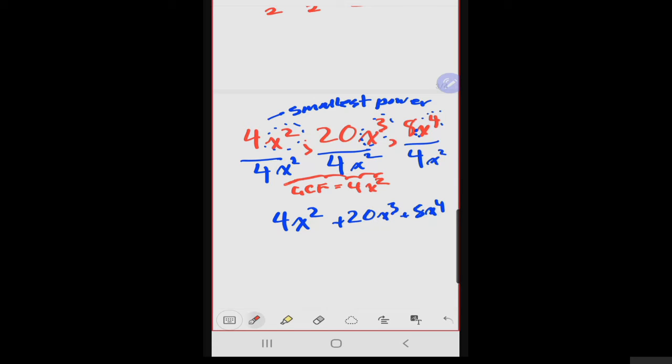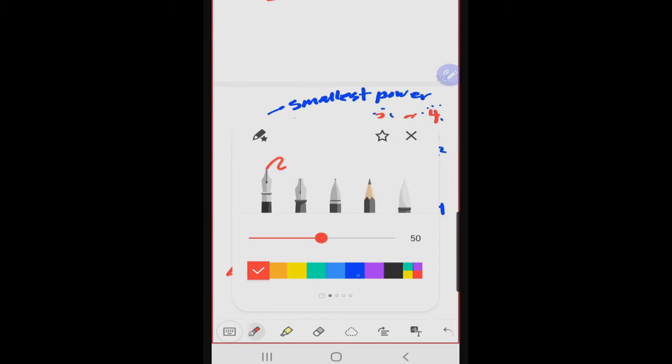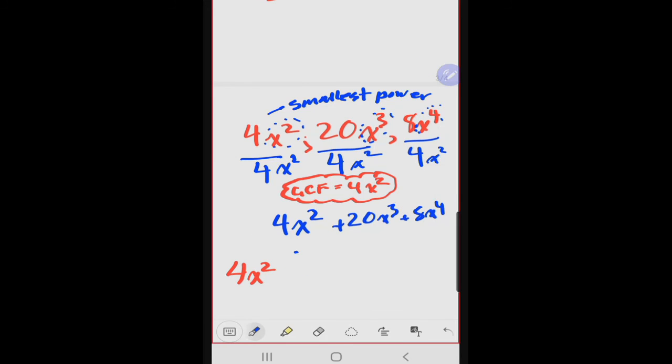Do you understand why it's 4x squared? So in order to simplify, we write 4x squared, and then we put our equation in a bracket, but we make it nice and big and write 4x squared plus 20x cubed plus 8x to the 4.